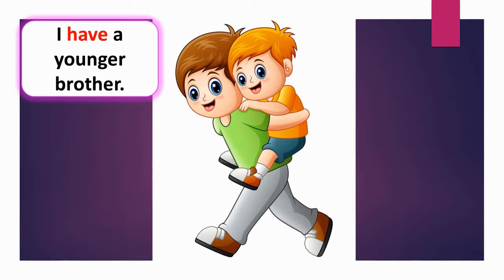Aman is telling that he has a younger brother. So he is saying, I have a younger brother. So children, when we are talking about ourselves, we can use have to say I have a younger brother.